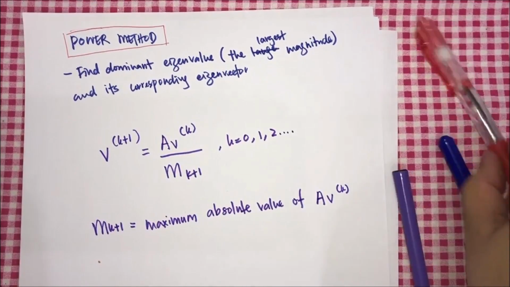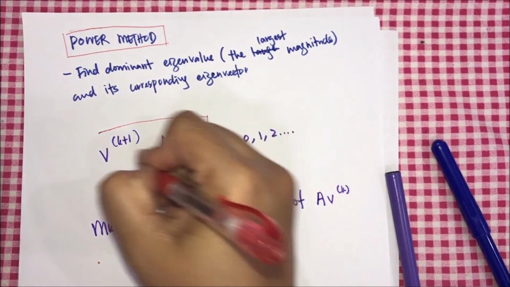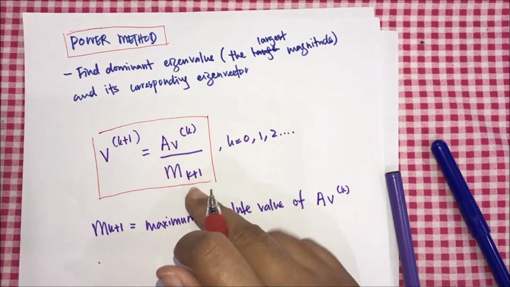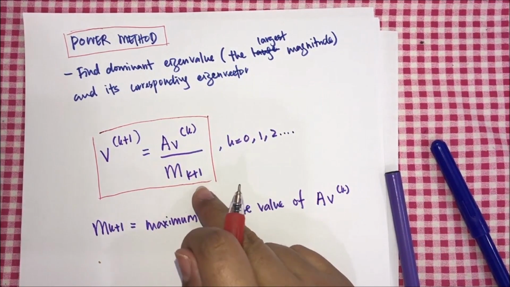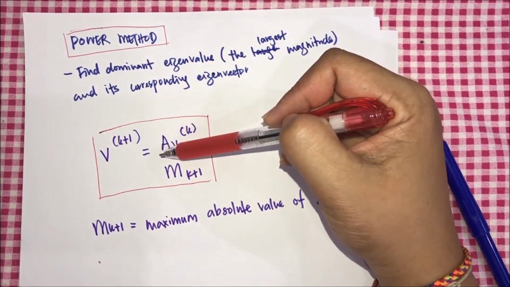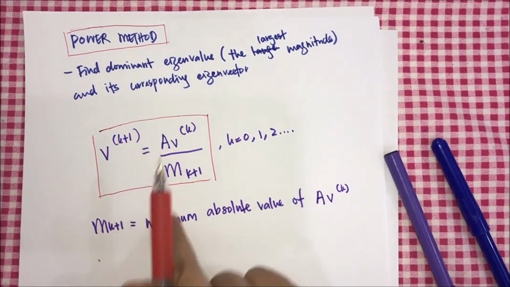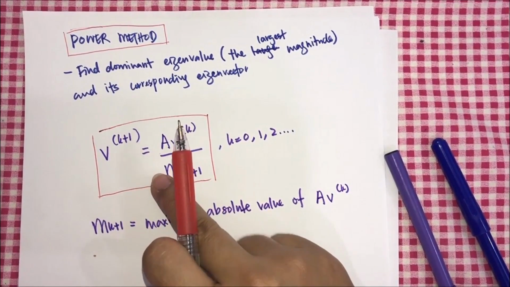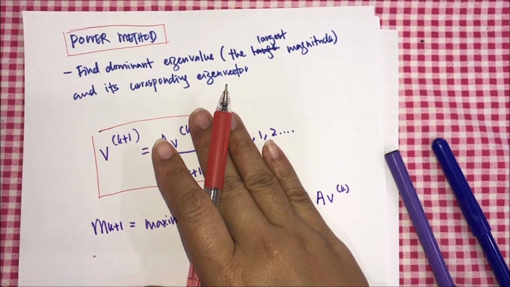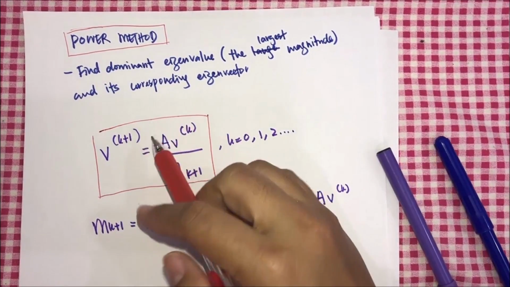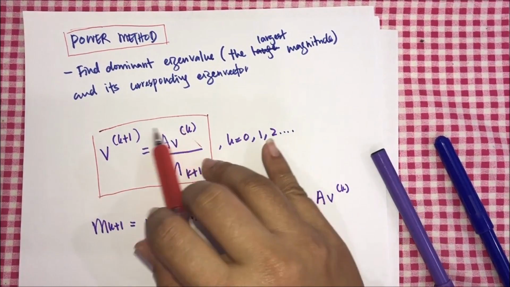We are going to use this equation to do the iteration, and we call this the power method. In the test or final, if the power method comes out, you do not need to memorize it, this equation will be given.